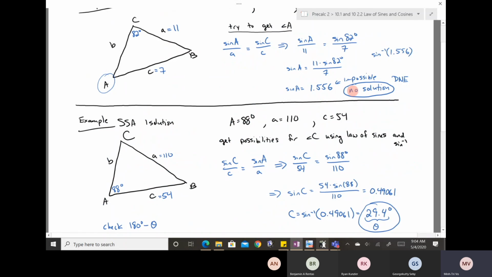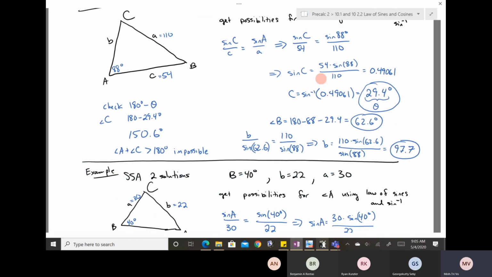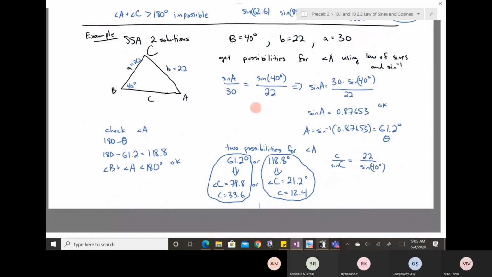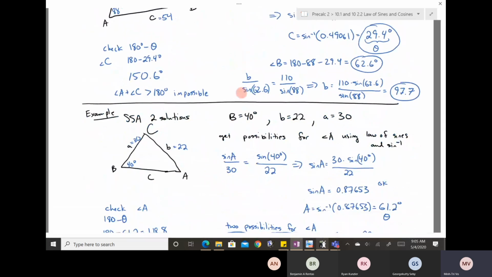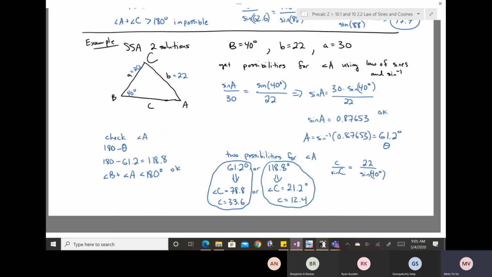If it's bigger than 1, there's no solution. If it's smaller than 1, then you're okay. But then you have to get the angle and then determine if the angles are possible or not. Okay, so that's the SSA triangle, and so that's the law of sines.